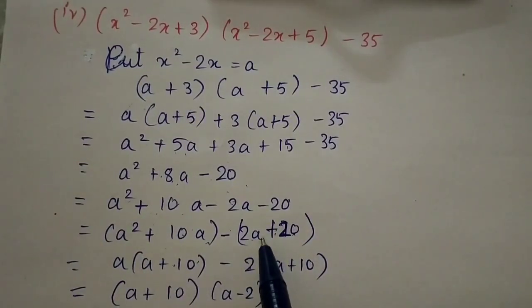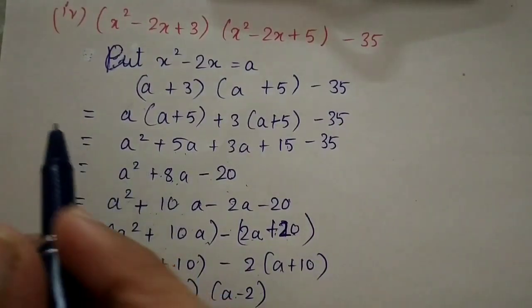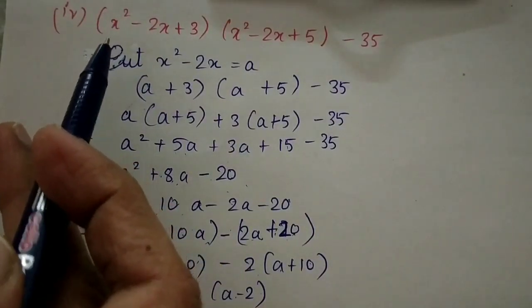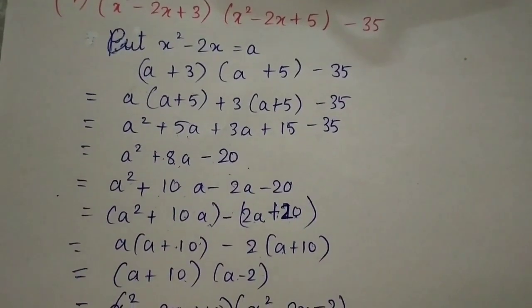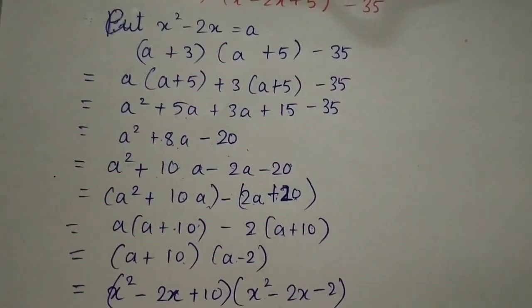What remained inside was a, plus 2 into what gives you 20? 2 tens. So we have a plus 10 and a minus 2. But our answer should not be in a, because our actual question is in terms of x. So again I resubstitute. Instead of a, I write down x square minus 2x plus 10, and x square minus 2x minus 2.